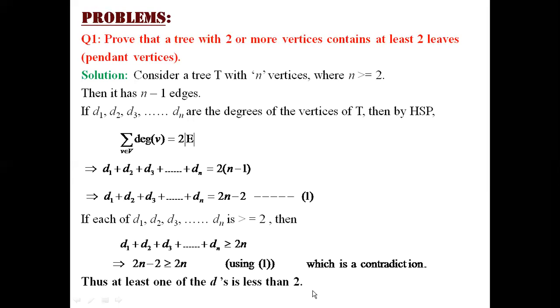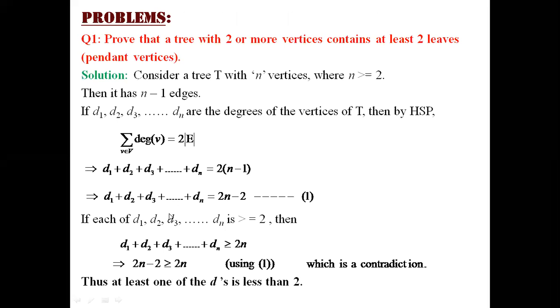When we say the degree is less than 2, the degree has to be 1 only. It cannot be 0. The degree of any vertex cannot be 0 because T is a connected tree. We have assumed a connected tree because according to the definition of a tree, it should be connected. If the degree of any particular vertex is 0, then it becomes a disconnected graph.